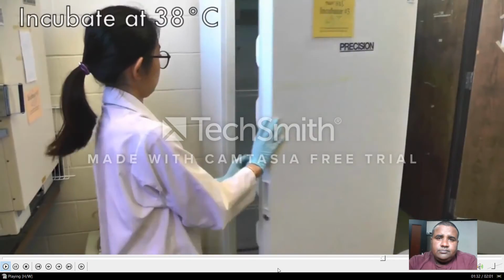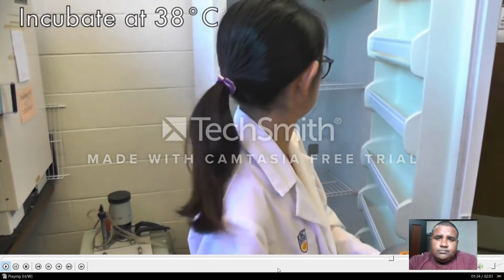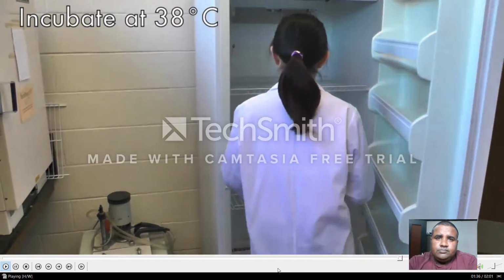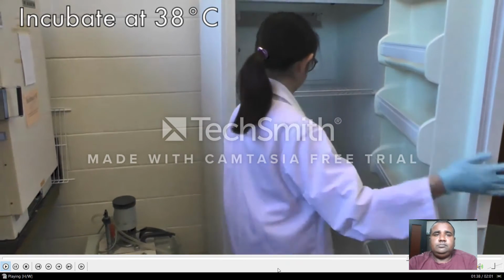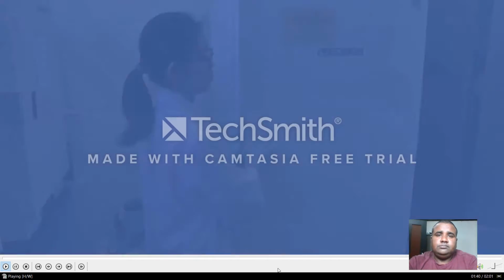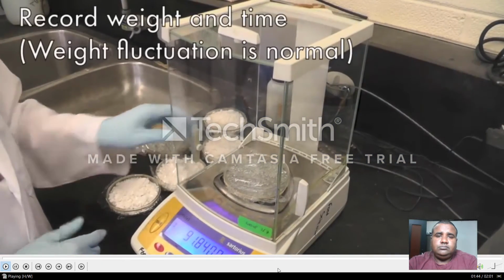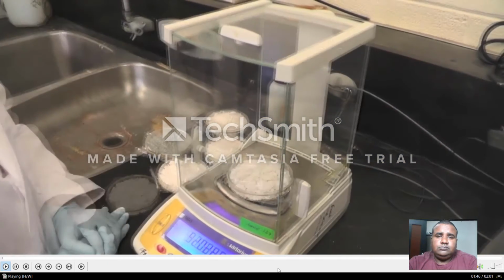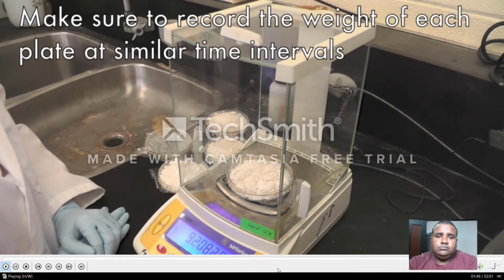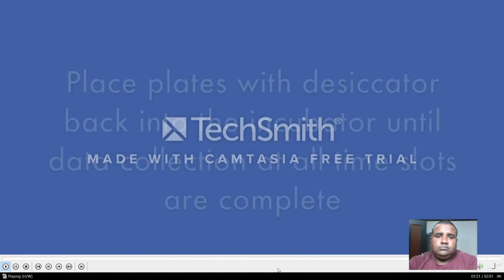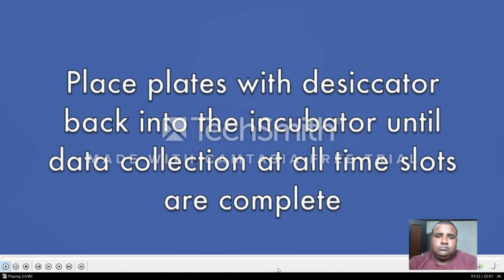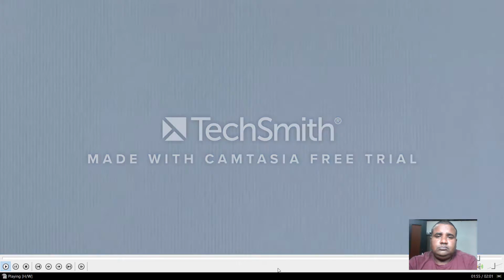Place the desiccator in a 38 degrees Celsius incubator. Arrange with the TA to come in and weigh the plates in the next coming days. Quickly equilibrate the plates to room temperature. Then record the weight of each plate. Record also the exact time. Then place the desiccator back in the incubator until you are finished with data collection.